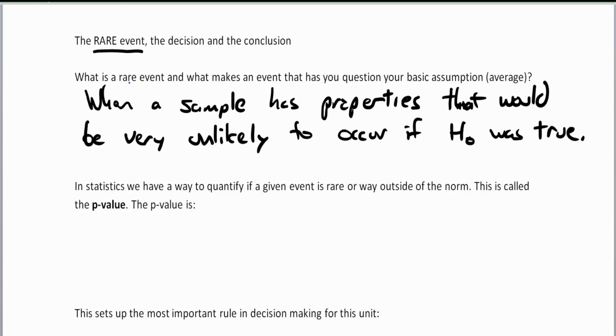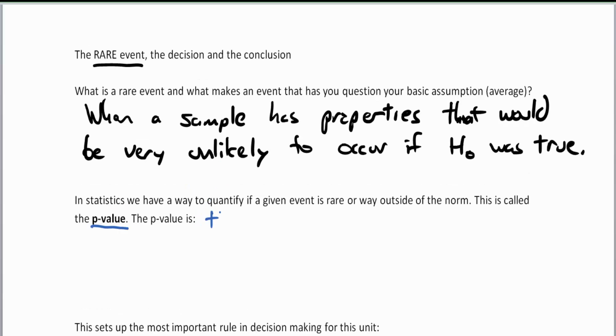So what we're about to do is talk about the thing we're going to focus on, which is the p-value. The p-value is the probability of getting the result from the sample.